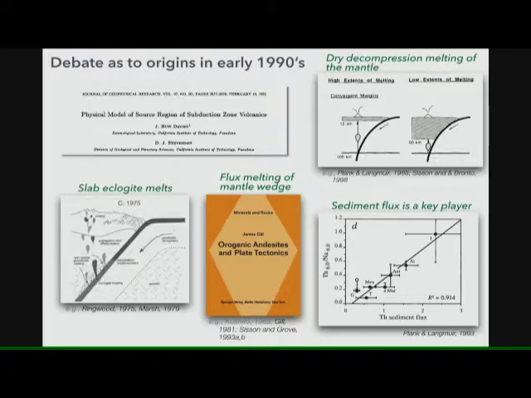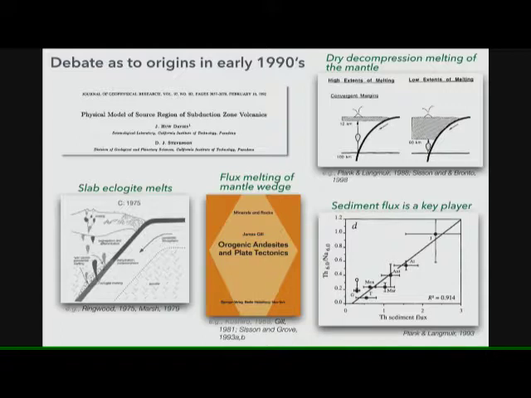So we have really nice examples of studies that show there's evidence for the slab, particularly oceanic crust eclogite melting, to produce the range of compositions that we see in the literature at the time.